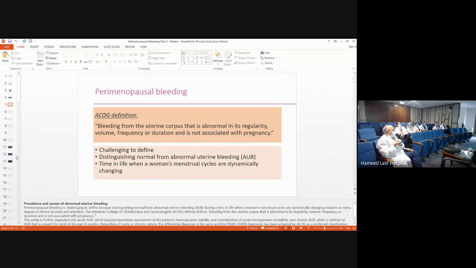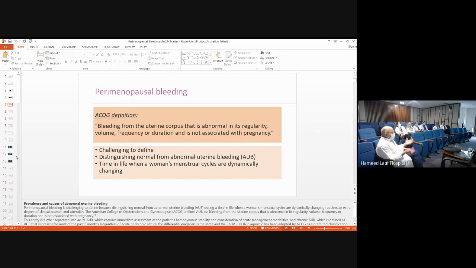In the perimenopausal period, why it is challenging: perimenopause is difficult to define, because this is the time when the woman can be pregnant. So you have to see, and then distinguish normal from abnormal uterine bleeding, because at that time we know that because of the waning ovarian function, the ovarian function is not going through the regular phases, and the cycle may last a little longer, or it may last shorter, and it may not be pathological.